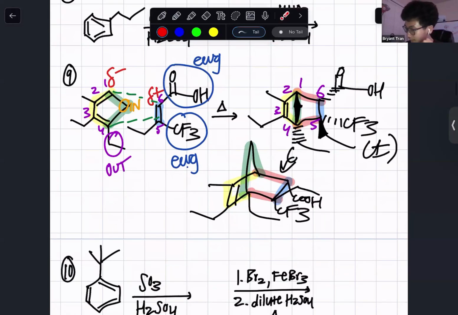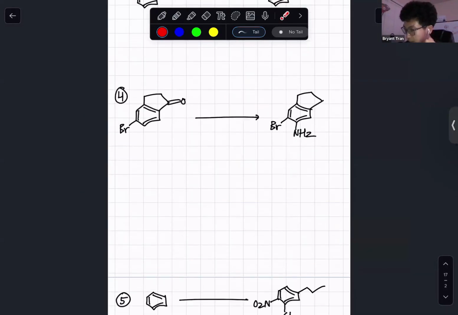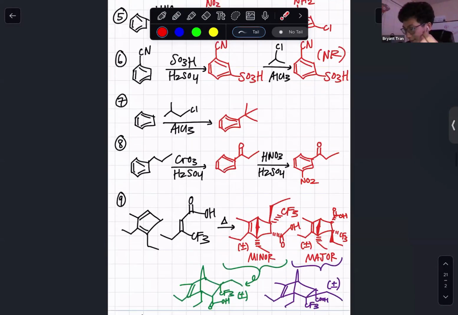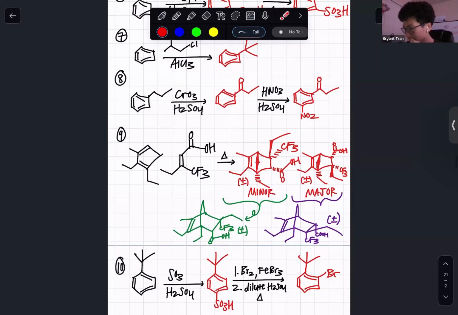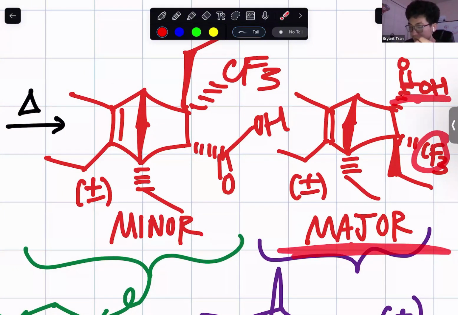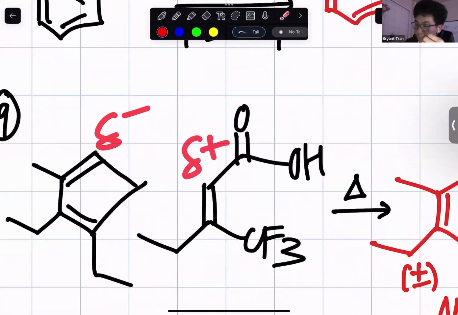Yeah, so let's look at the answer key for number 9. Oh, I updated the answer key for number 9. Right. I think you have the old copy right here. This right here is the new copy where this is the major product because the CF3 here is a stronger EWG than the carboxylic acid. So because that's the case, there's a bigger positive charge there. There's a big partial negative charge here.